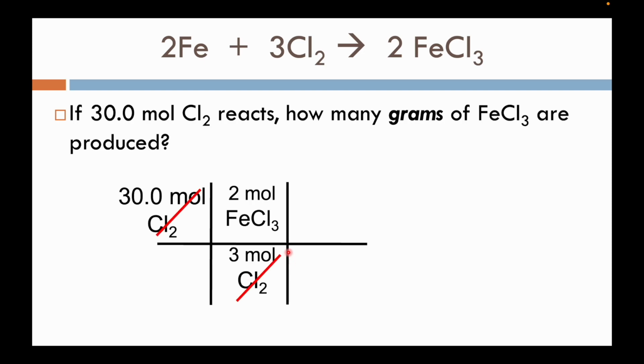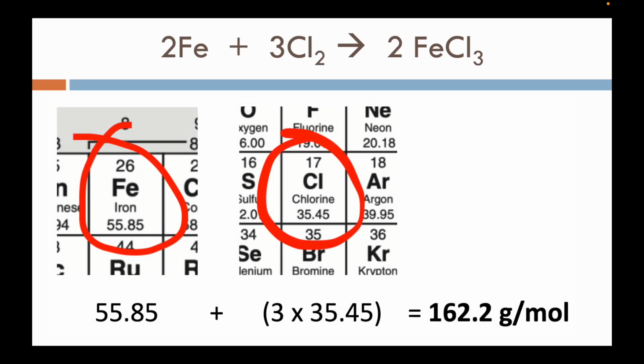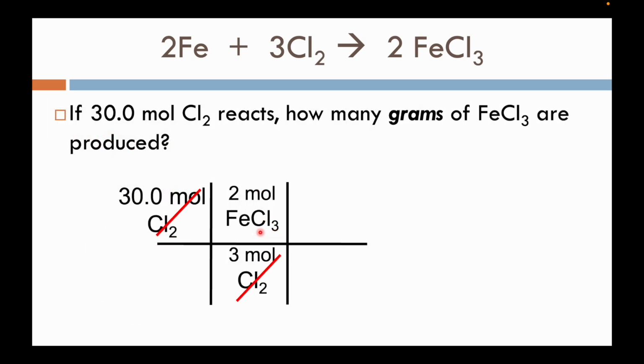Now I want to know how many grams of iron chloride are per 1 mole of iron chloride. I need to go to the periodic table and I need to add up 1 iron plus 3 chlorines. I get an answer of 162.2 grams per 1 mole of iron chloride.